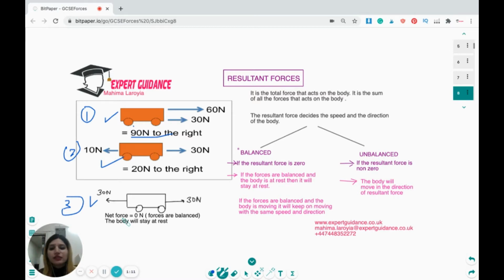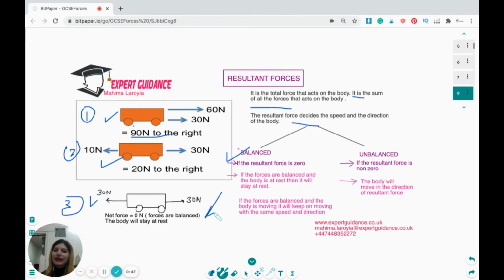Now, what is a resultant force? It is the total force that acts on the body. It is the sum of all the forces that act on the body. The resultant force will decide the speed and direction of the body. The resultant force could be balanced. Balanced is case 3, where the resultant force is 0. If the forces are balanced and the body is at rest, it will stay at rest.